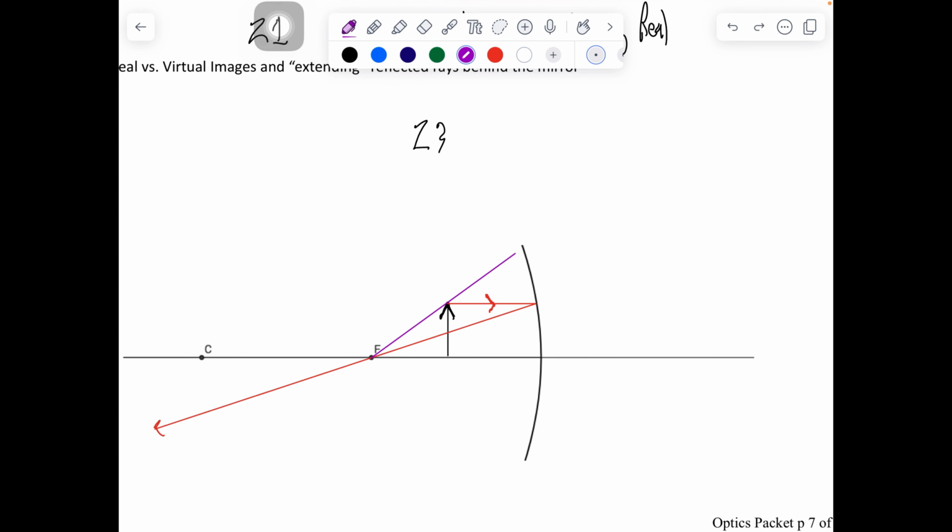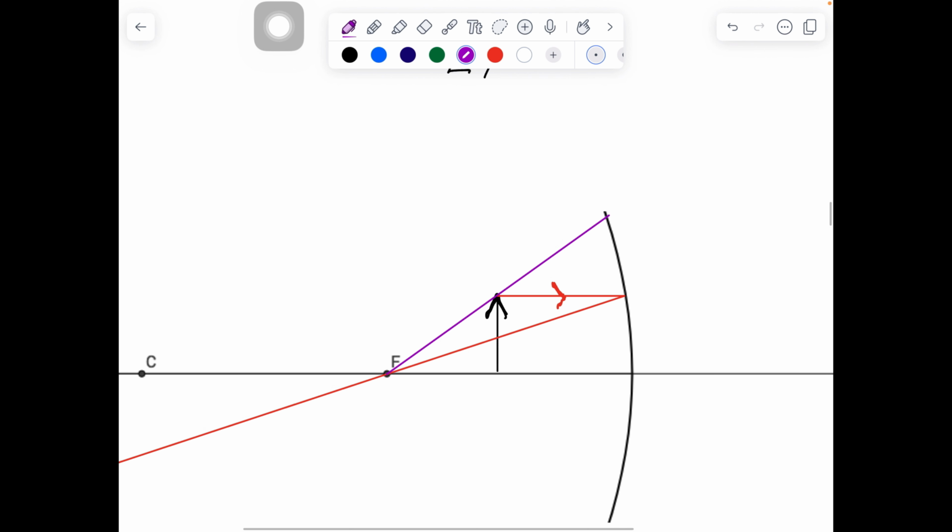Now, I do want to stress here, as we're drawing this out, the light isn't actually coming from the focus. We're just saying that if you imagine light coming from the top of this arrow, some of it is traveling in line with the focus. And as long as it's traveling in a straight line from the focus to the mirror, then that light is going to bounce out horizontal.